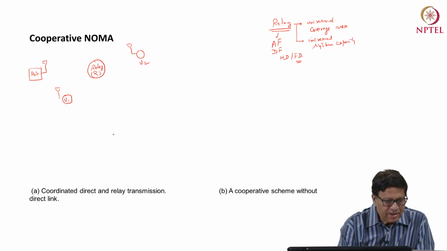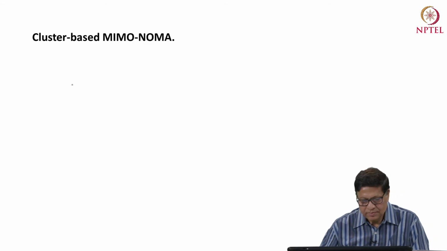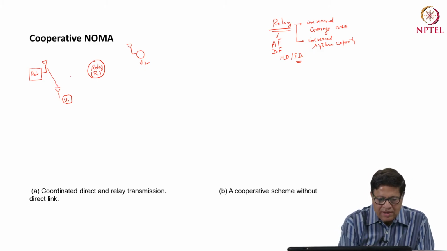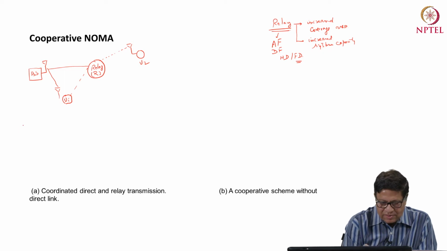So there can be a direct transmission to user 1, or there can be a transmission first from base station to relay, and from relay to user 1, and from this relay there is a transmission to user 2. So this dashed line, I'll just explain this.